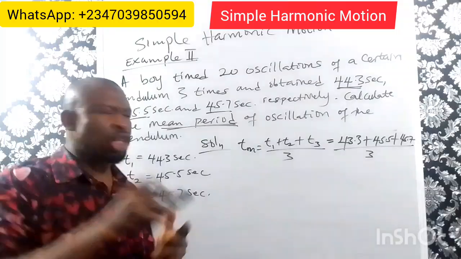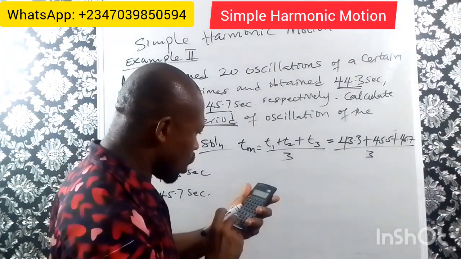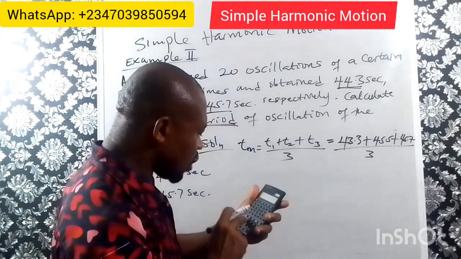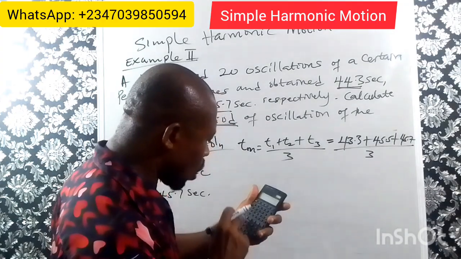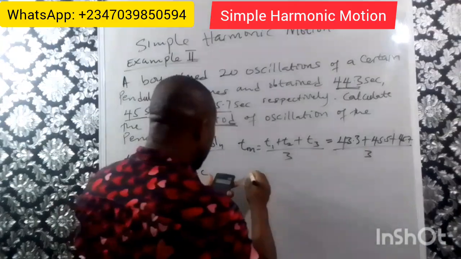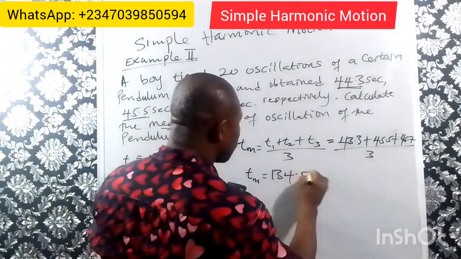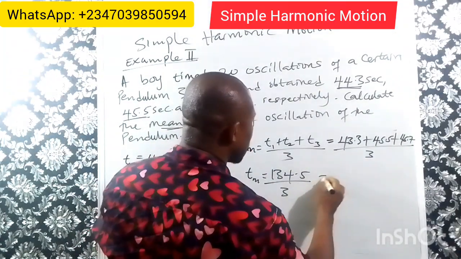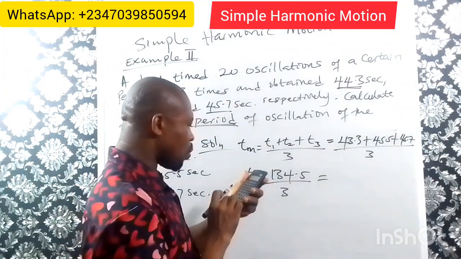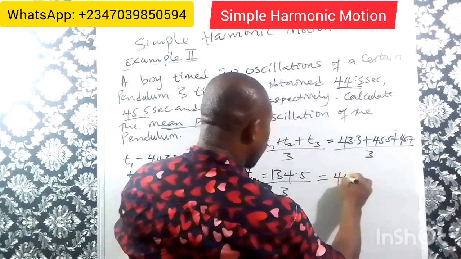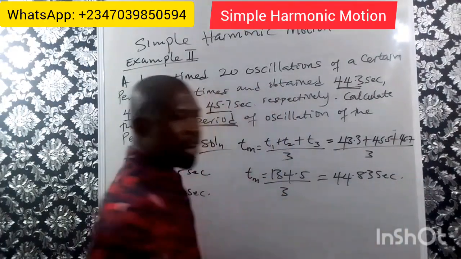If you punch your calculator there, at the end of the day, you will get 134.5. Now, if you divide it by 3, the average of the time there will give us 44.83 seconds. That is the average.